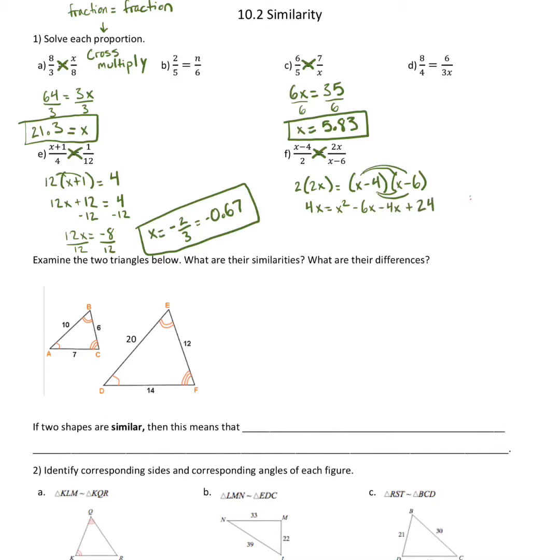I'm going to combine like terms, and I'm going to minus this 4x while I'm over here. So we get 0 equals x squared, negative 6 minus 4 is negative 10, minus 14x plus 24. Ooh, quadratics. You guys remember what we do with quadratics?